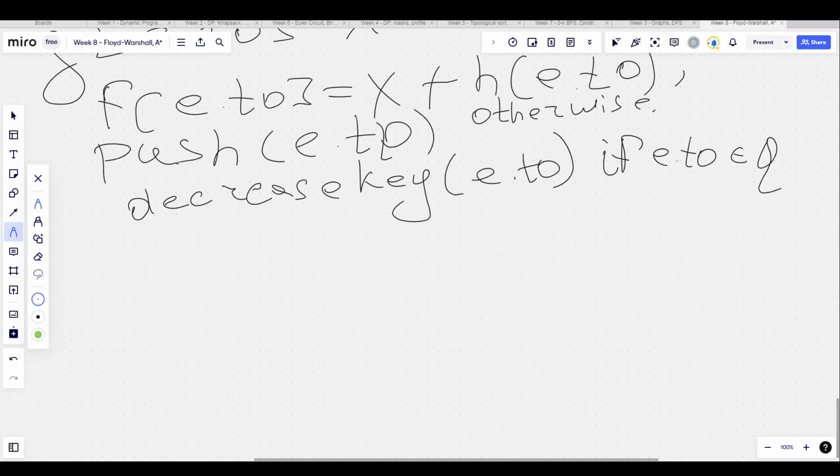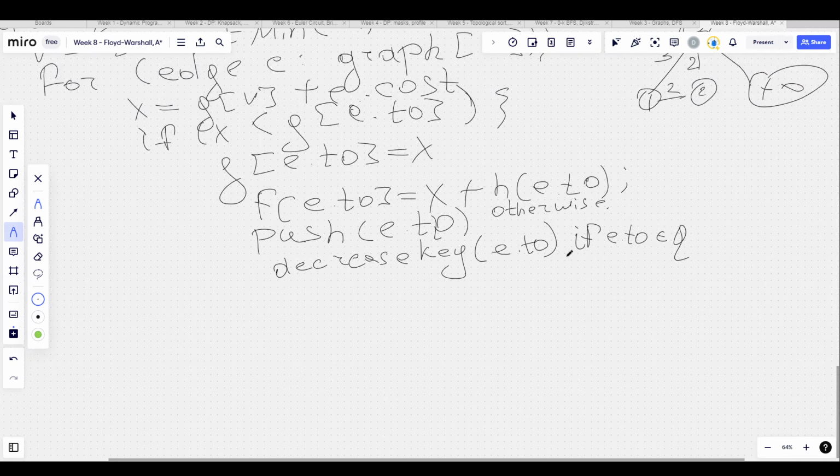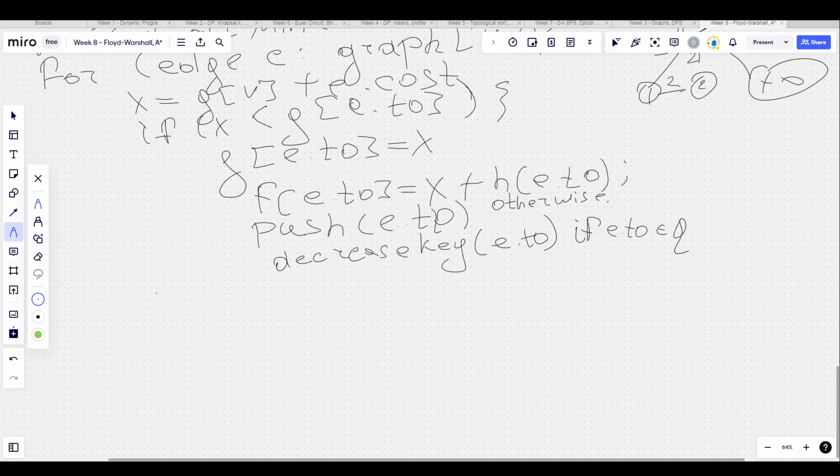Do you have questions about the heuristic function? I can consider examples. Do you know what is Manhattan distance?